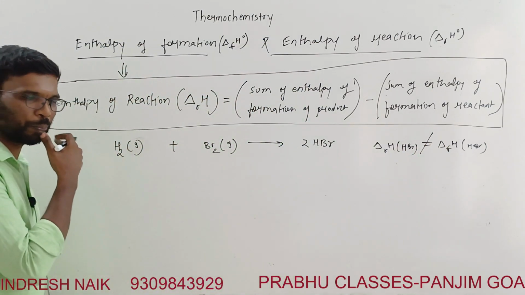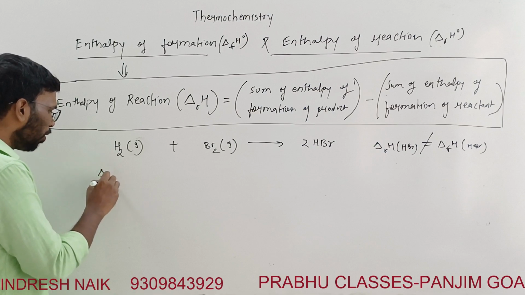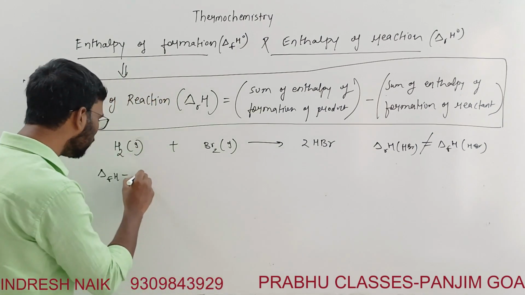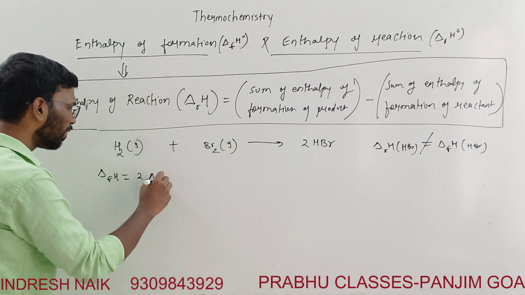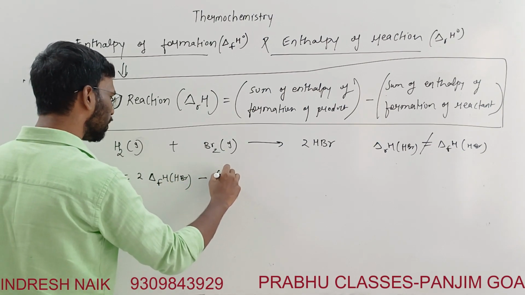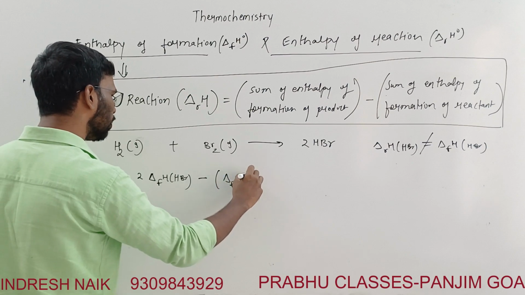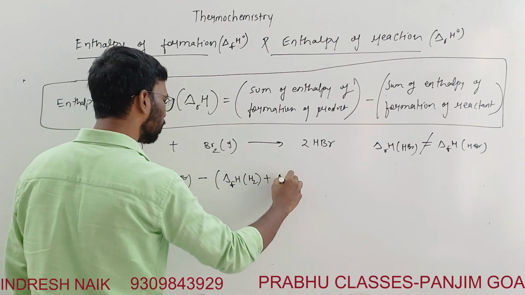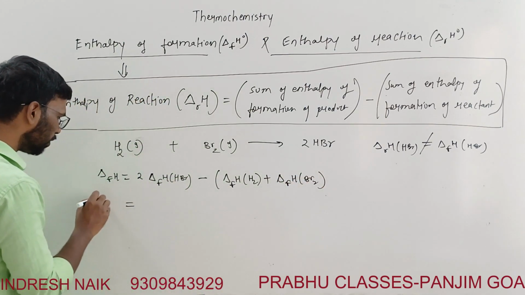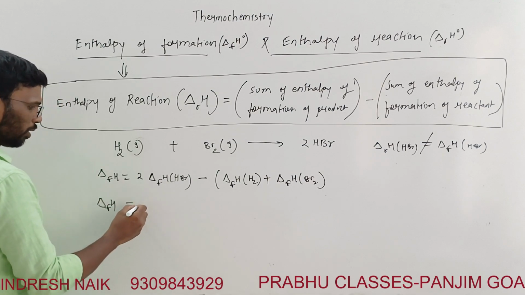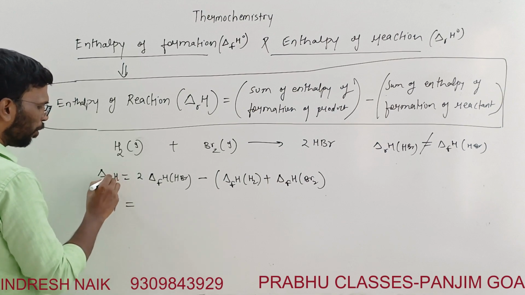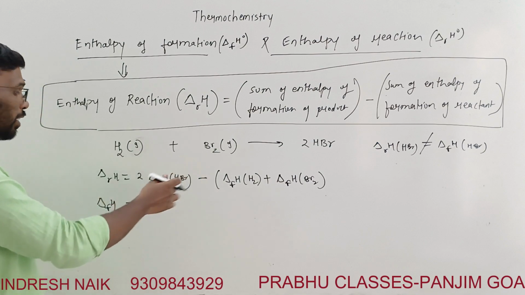How? Here enthalpy of the reaction is given as sum of enthalpies of formation of the products minus that of the reactants. So here I will write 2 into enthalpy of formation of HBr minus enthalpy of formation of H2 and enthalpy of formation of Br2. Sorry, this is enthalpy of reaction. I made a mistake. It is given this way.